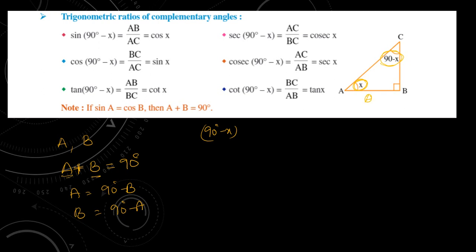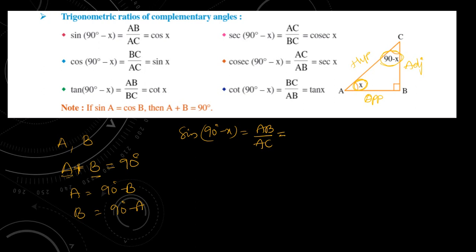AB is the opposite side of 90 minus X, CB is the adjacent side of 90 minus X, and AC is the hypotenuse for 90 minus X. Now, based on 90 minus X, sin of 90 minus X is equal to AB by AC, because it is opposite by hypotenuse, right?